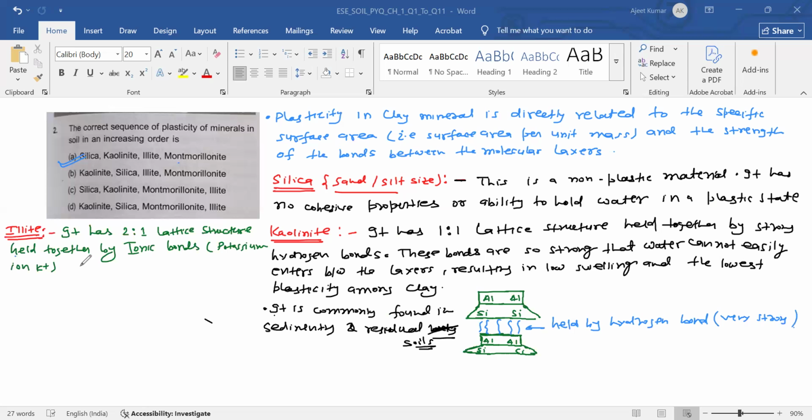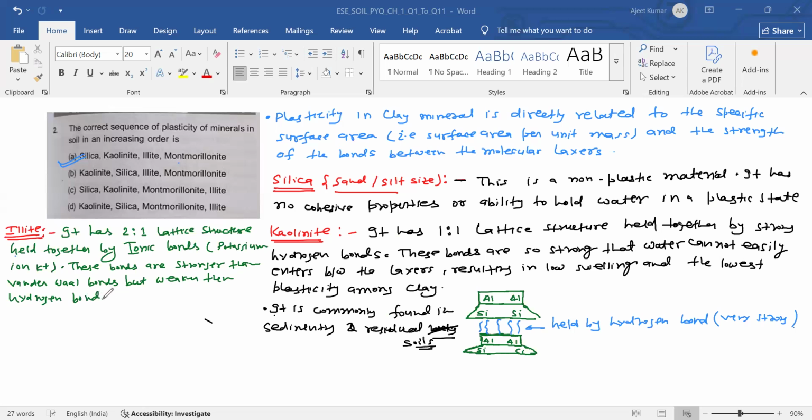These bonds are stronger than van der Waals bonds, but weaker than hydrogen bonds.